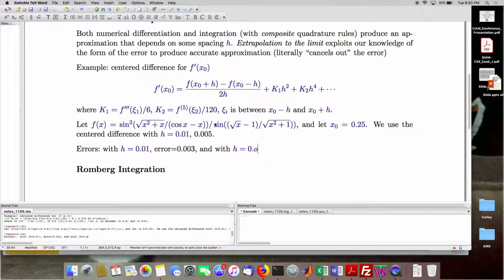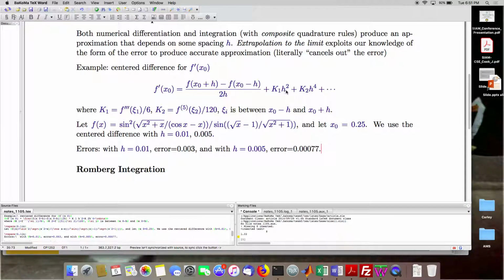And with h equals 0.005, error equals 0.00077. Now, this rule, the center difference, the error is order h squared, second order accurate. So if we cut h by a factor of 2, the error ought to be reduced by a factor of roughly 4. And that's, again, roughly what happens in this case. So, 0.003 divided by 4 would be 0.00075. So it's almost there.